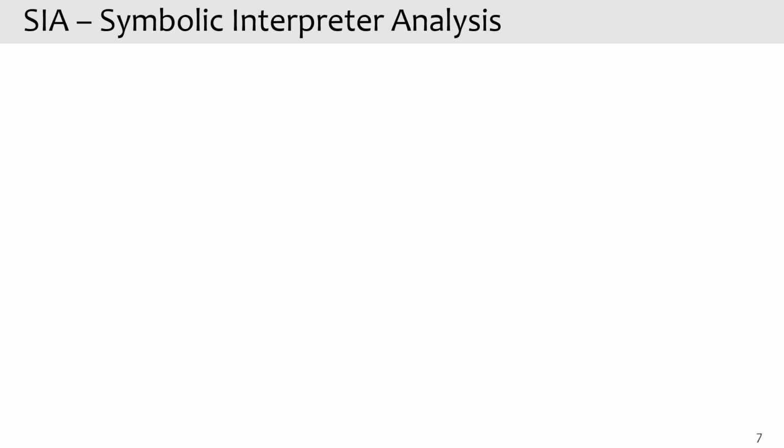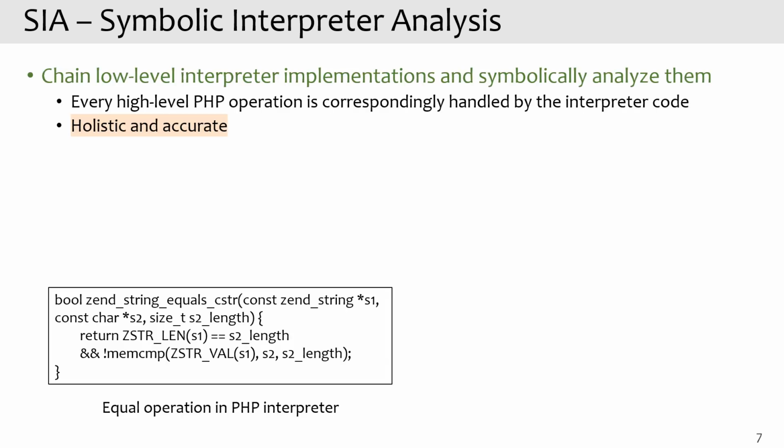Given such an insight, our solution, known as Symbolic Interpreter Analysis, or SIA for short, tries to trace the low-level interpreter implementations and concolically analyze them. Because every high-level PHP operation is correspondingly handled by the PHP interpreter, we can holistically and accurately analyze the corresponding code to ensure the analysis is holistic.